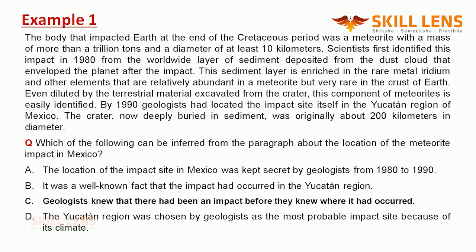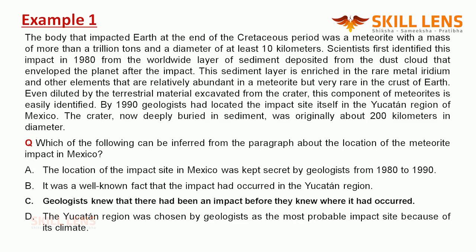Therefore, we arrive at C as our answer, because it talks about the idea that there was a collision, right? A meteorite impact happened was known to people, but only the area they were able to find out much later. Okay, so we conclude C. Geologists knew that there had been an impact before they knew where it had occurred.